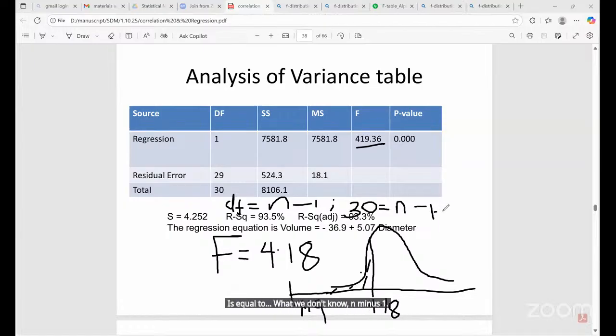Then add 1 on this side. Whatever you do on one side, you do on the other side. Minus 1 plus 1 becomes 0, and 1 plus 30 is equal to 31. So the total number of observations is 31.